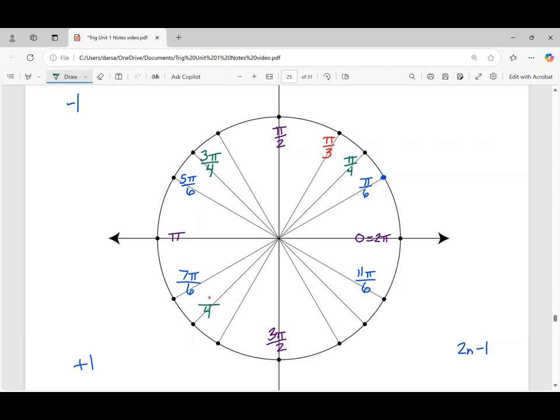This middle line has a denominator of 4. It's the +1 quadrant. 4 plus 1 is 5, 5 pi over 4. The last quadrant, that middle line is a denominator of 4. This is the 2n minus 1 quadrant. So 2 times 4 minus 1 is 7. This is the 7 pi over 4 angle.